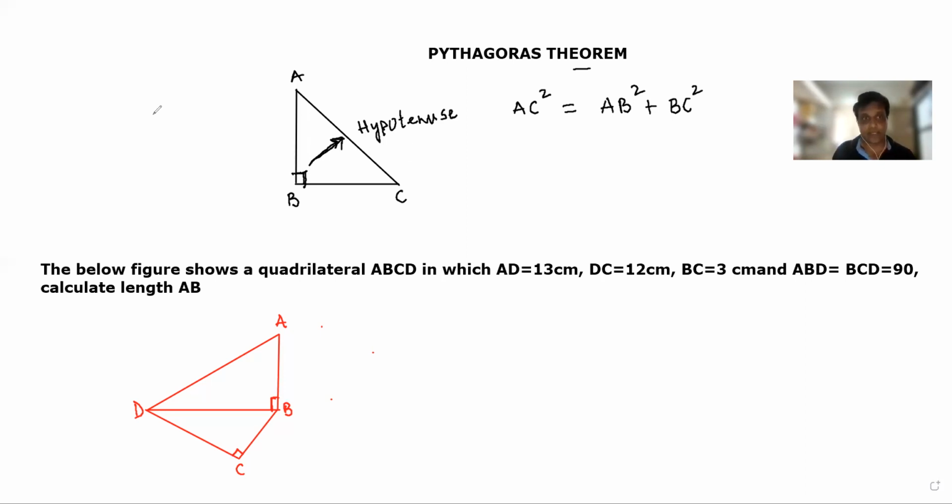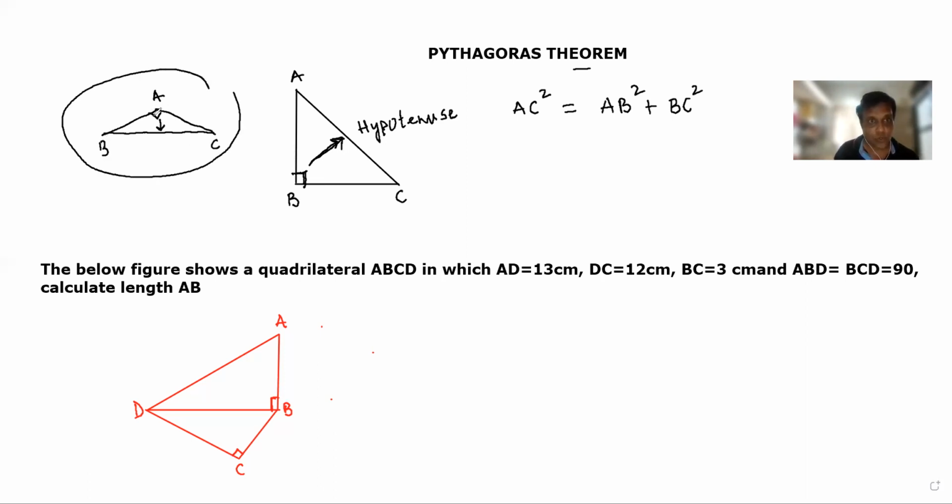This triangle looks like this. There can be a triangle like this, right? So if this angle is 90 degree, in this case, this line is the hypotenuse. BC is the hypotenuse in case of this triangle. So the side which is opposite the 90 degree is called the hypotenuse, and this is all.